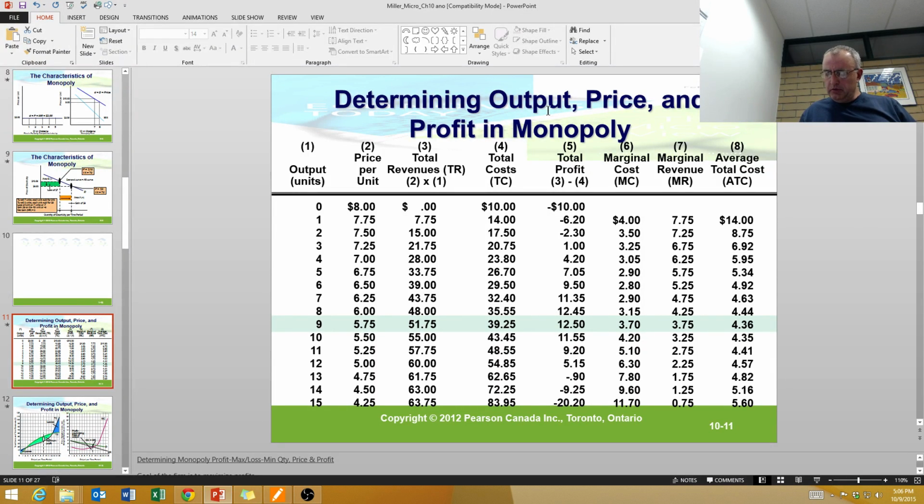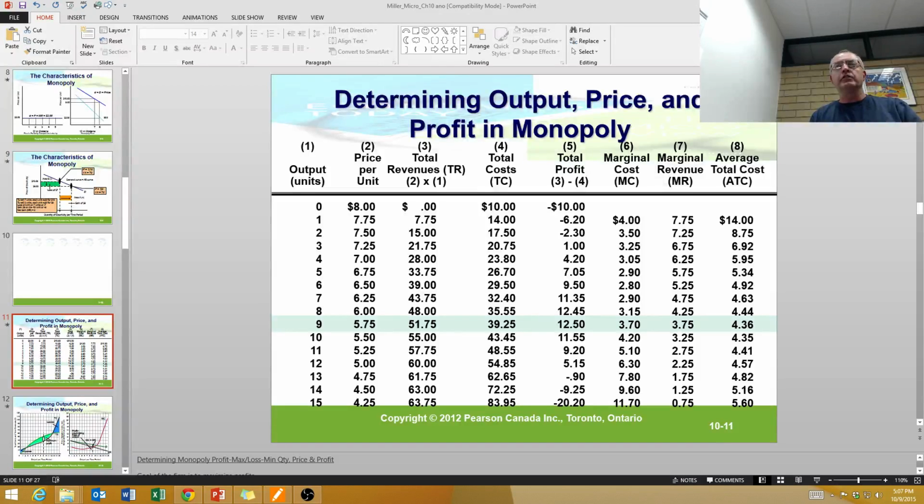So in perfect competition, the firm only has to be concerned with its optimal level of quantity to maximize its profits. The firm only has to be concerned with finding its optimal quantity of output, whereas with the monopolist, they have to be concerned with both the price and the quantity.